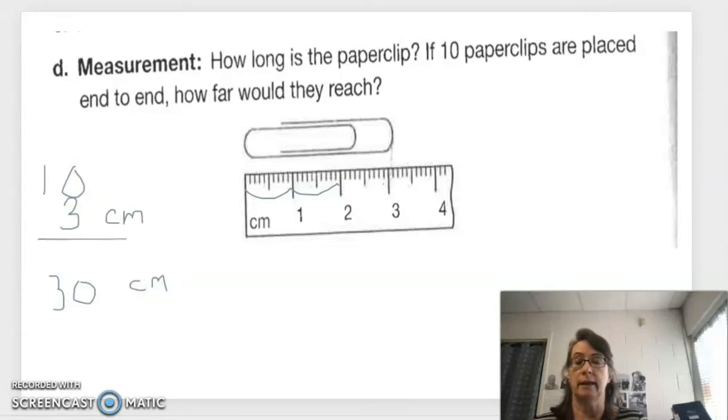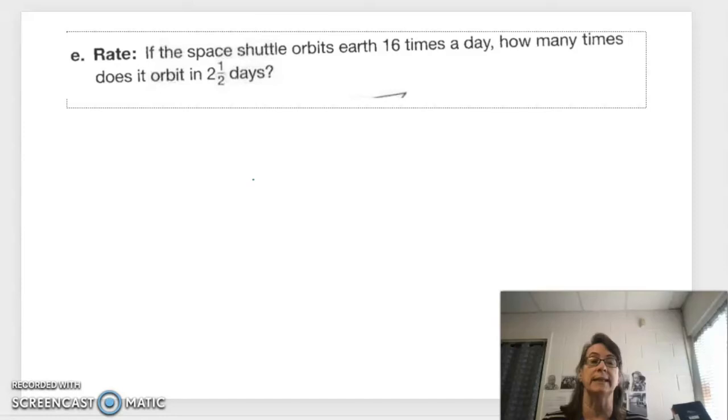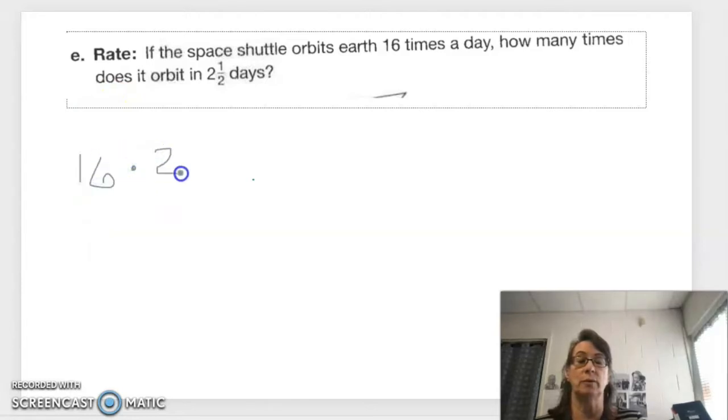Okay, and the next one is rate. If the space shuttle orbits Earth 16 times a day, how many times does it orbit in 2.5 days? So we have 16 times 2.5.